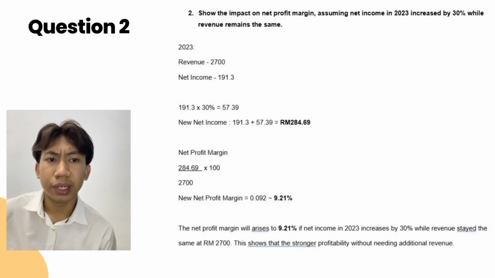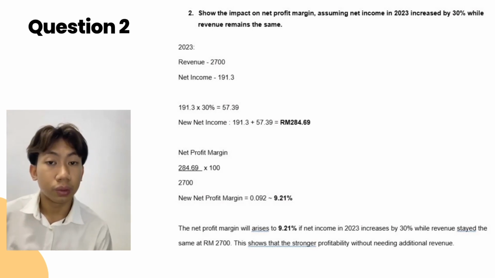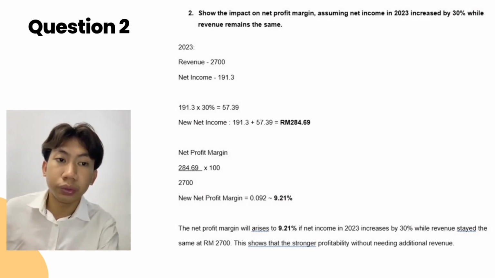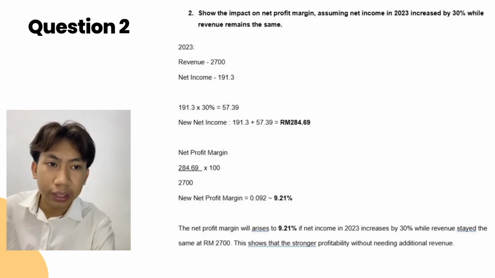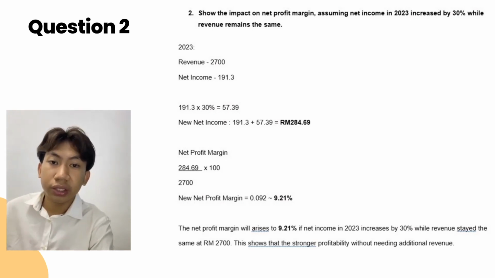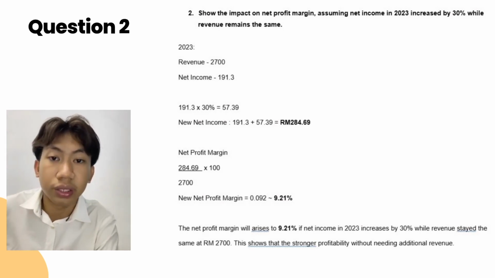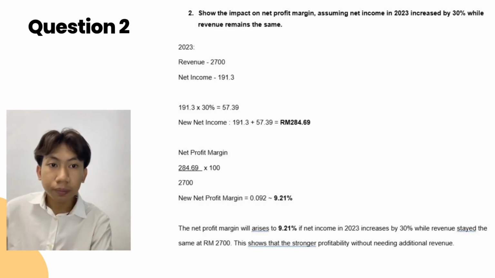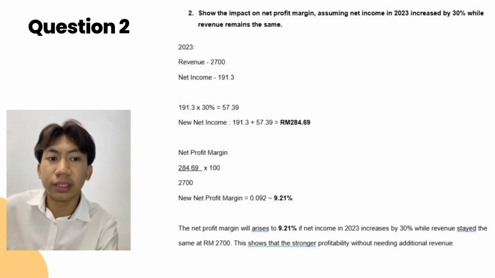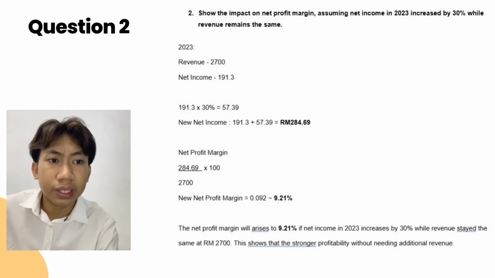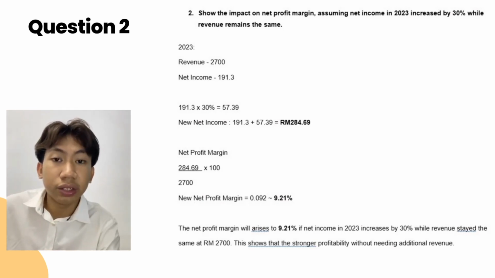So the net profit margin will rise to 9.21% if the net income in 2023 increases by 30% while revenue stays the same at 2,700 ringgit. This shows the stronger profitability without needing additional revenue.